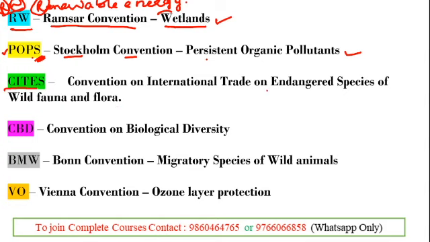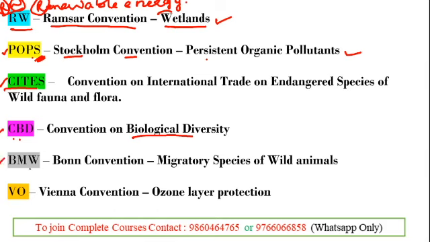So that is the convention related with CITES. Clear. Then the CBD. Here the CBD is the Convention on Biological Diversity. So we can relate CBD to the Convention on Biological Diversity.